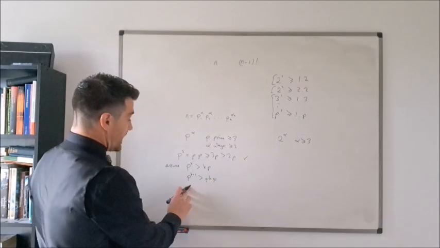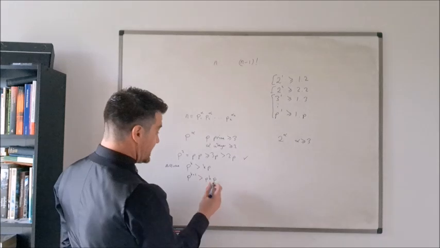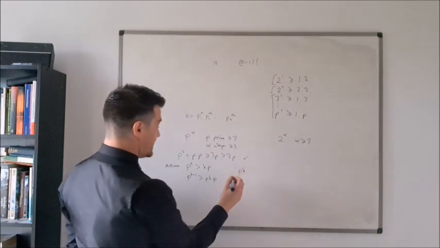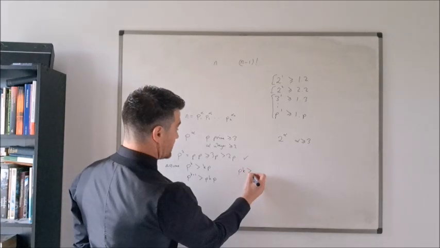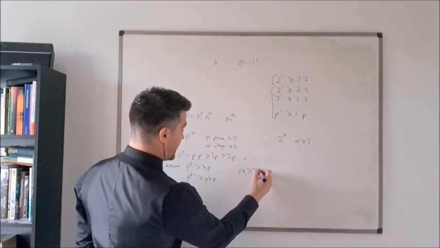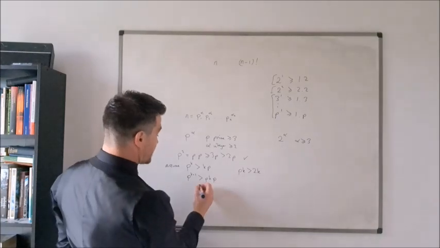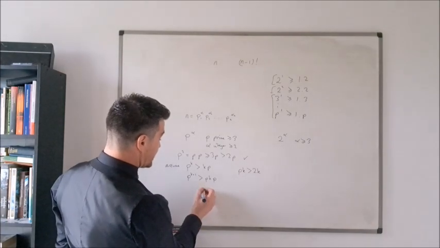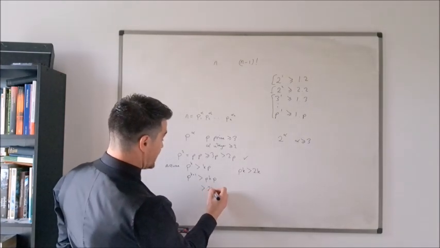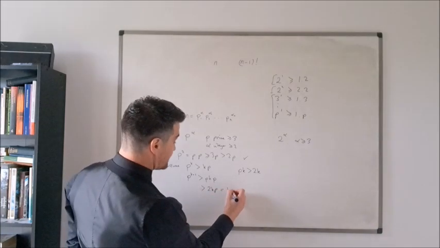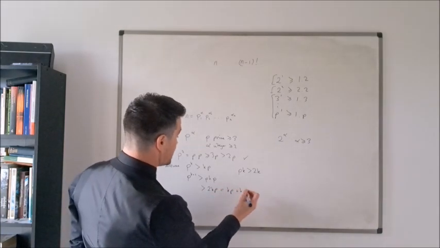P times k times p. Now p times k is going to be greater than 2k. I hope I'm doing this right. So that's greater than 2k times p, which is k times p plus k times p.